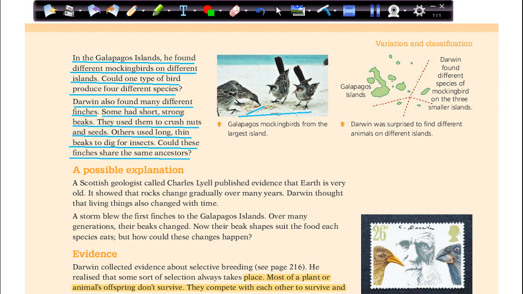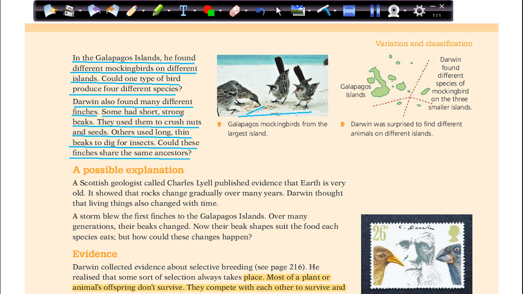He found a skeleton for mockingbirds, and he found one for finches. He was observing that some of them had short, strong beaks, and the others had long ones. So he was asking, could these finches share the same ancestors, or do they have different ones?